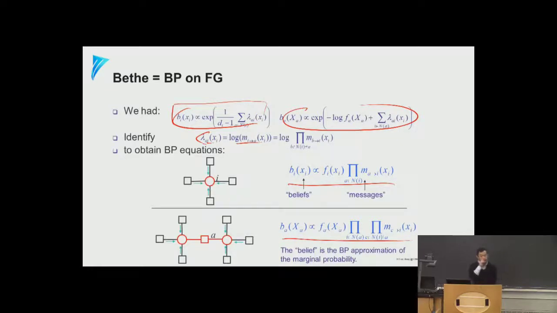Okay. So this is kind of magical. It was never realized that this ad hoc message passing equation that we just borrowed from a tree graph and ran anyway on Loopy graph corresponds to a solution to the constrained optimization problem using Bethe free energy.